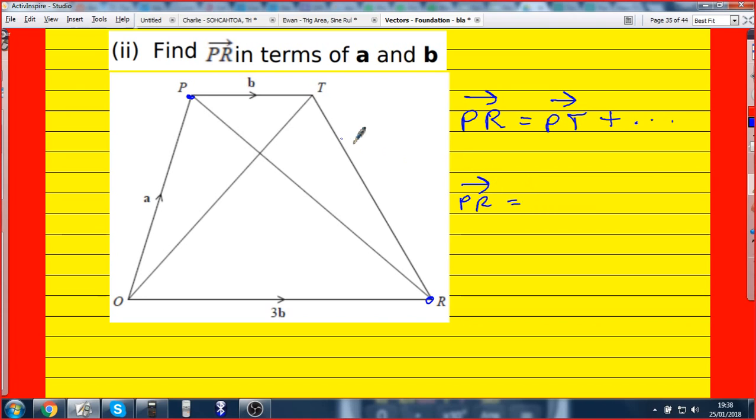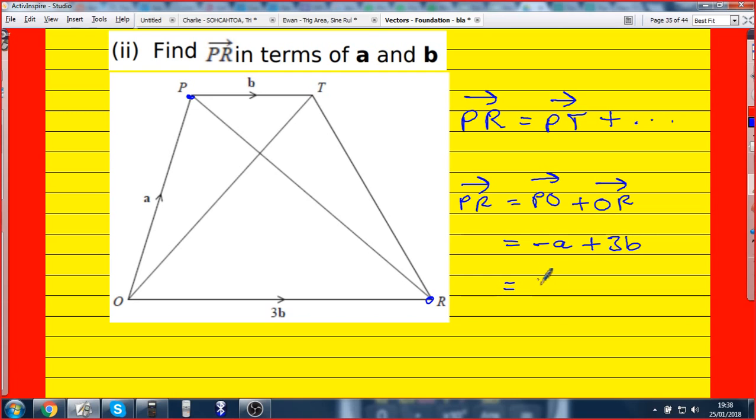Well, we're trying to find what PR is. So you do P to O, then add O to R. So then that is minus A plus 3B.